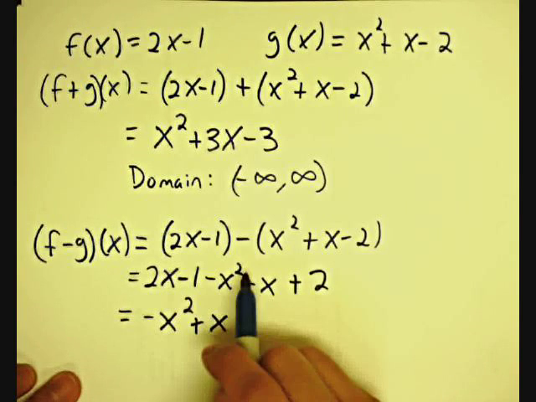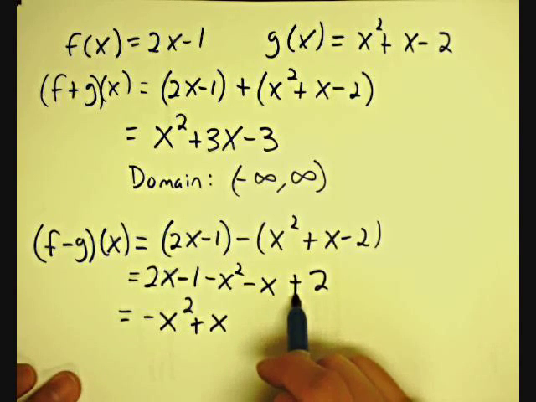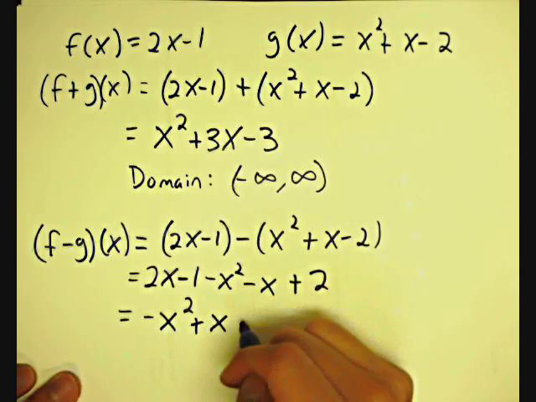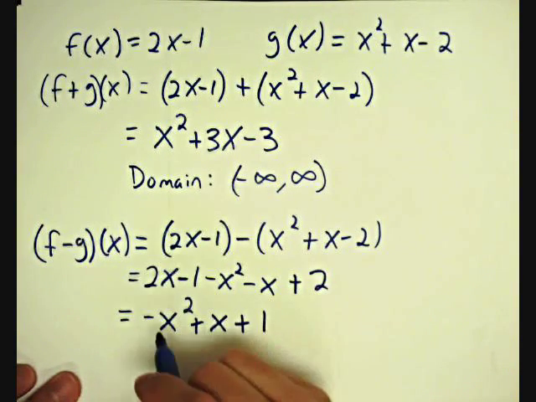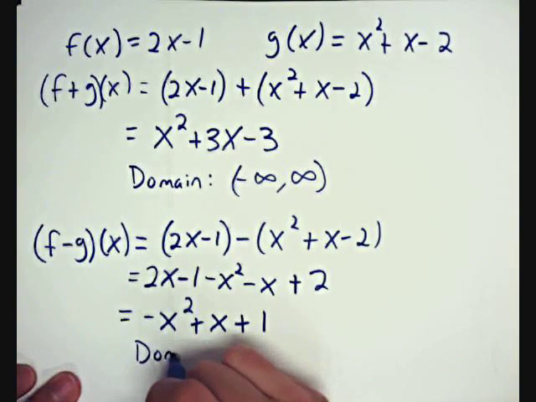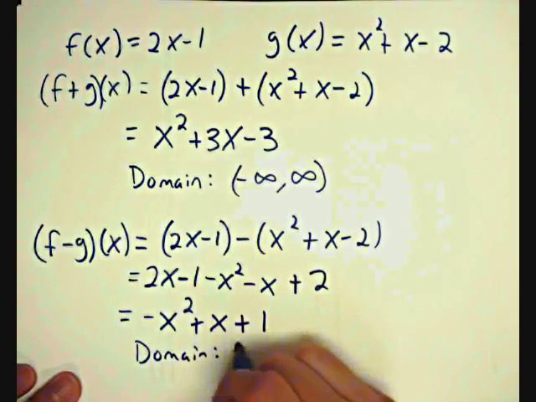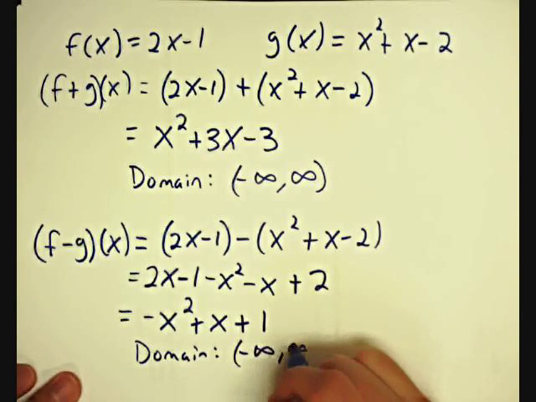And negative 1 plus 2 is positive 1. Okay, like part A, since the two original functions' domains are all real numbers, the domain of our new function is all real numbers.